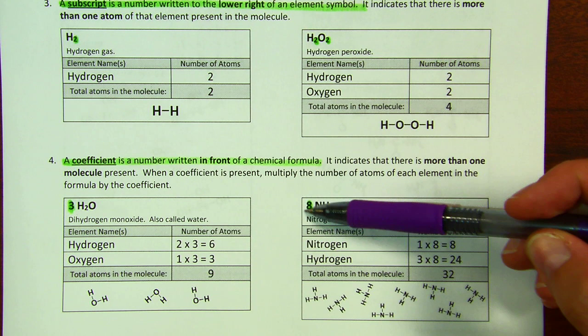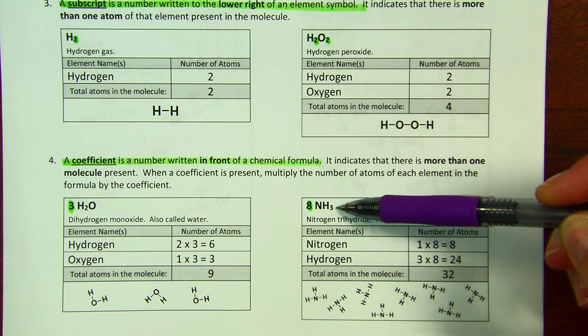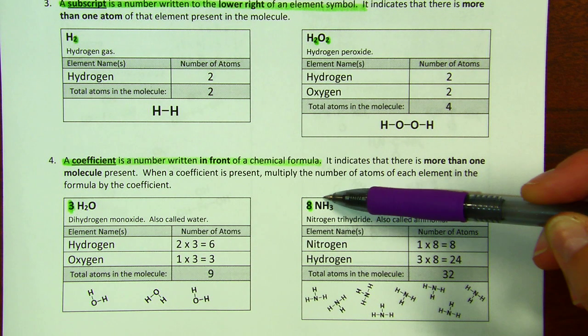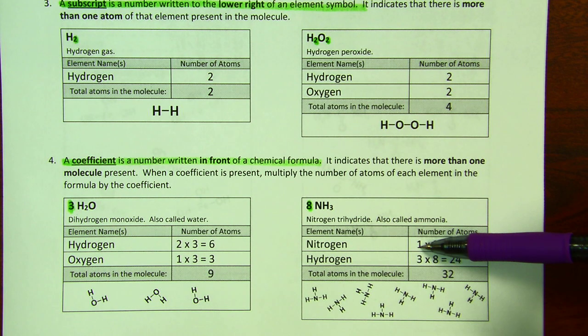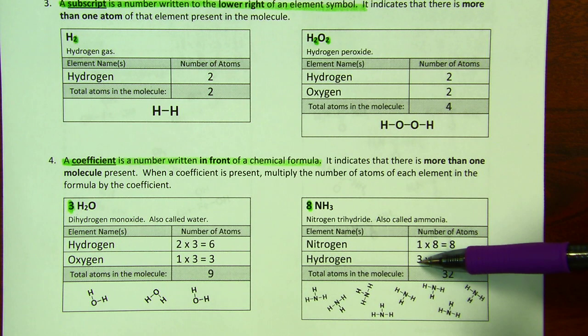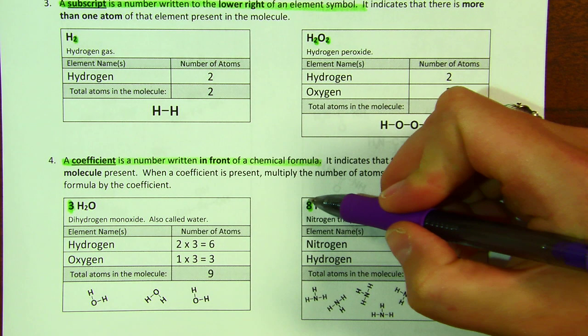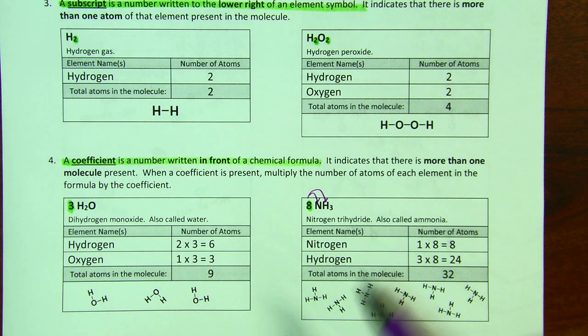Same thing over here. My coefficient is 8. My molecule is NH3. So in NH3, just that one molecule, there's 1 atom of nitrogen, and that subscript 3 tells me there are 3 atoms of hydrogen. Then this 8 gets distributed to everything that comes behind it because I have 8 of those molecules.